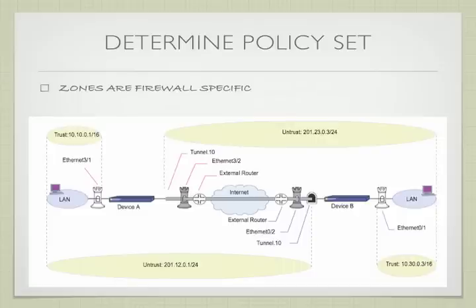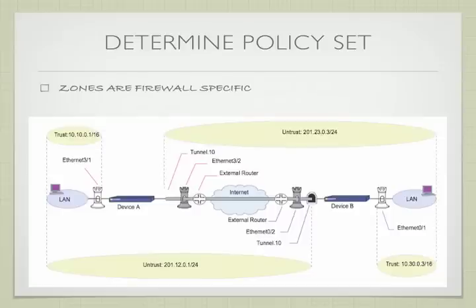So in device B we have Ethernet 0.1 and 10.30.0.0/16 is their trust network. So in this case we have a policy we're going to create from untrust to trust, and of course the reverse policy for communication to occur across this tunnel.